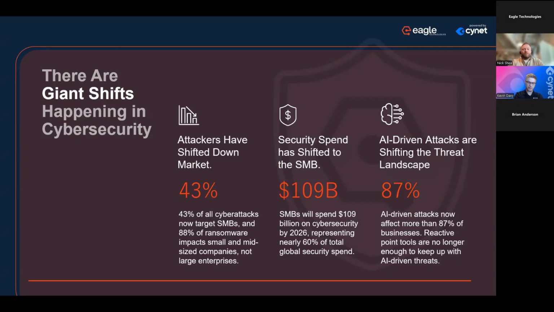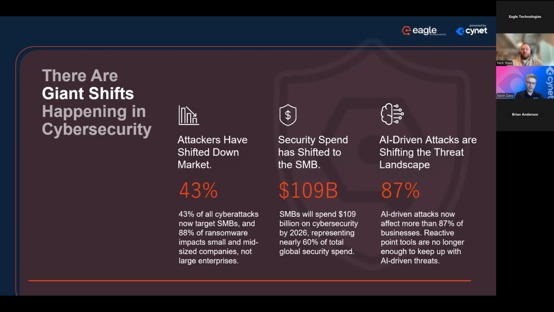And businesses are increasingly seeing the value of cybersecurity as attacks become more prominent. So they're spending more. That's where we see $109 billion in spending. With that, AI is also arming both the good and the bad guys, bringing these attacks to a whole new level of complexity.